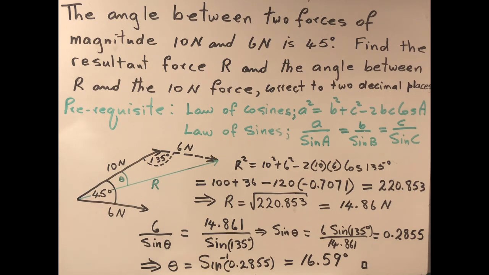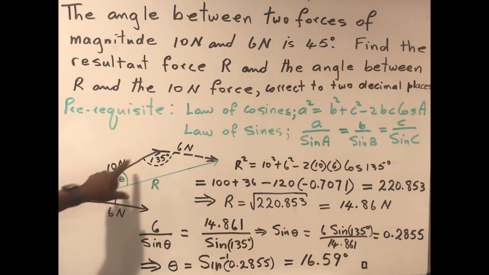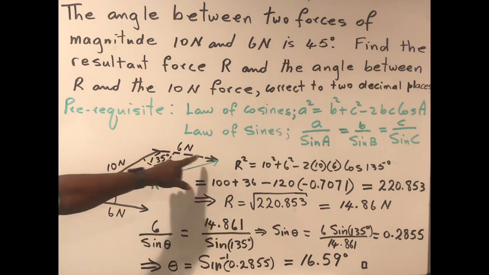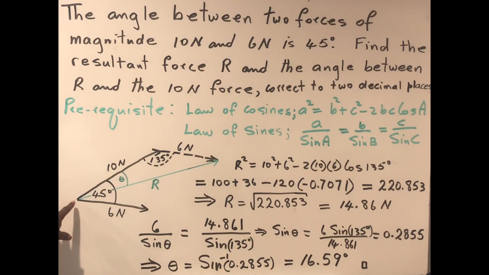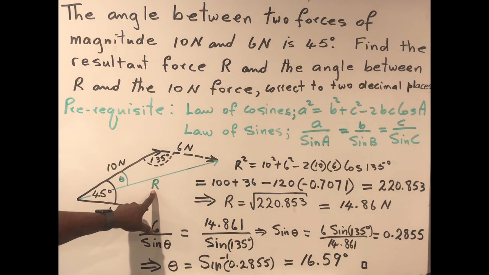In the free floating system, also note that we can translate the 6 Newton vector to this position so that we have them aligned head to tail. When they're aligned head to tail, then the vector from the beginning to the end is our resultant vector.